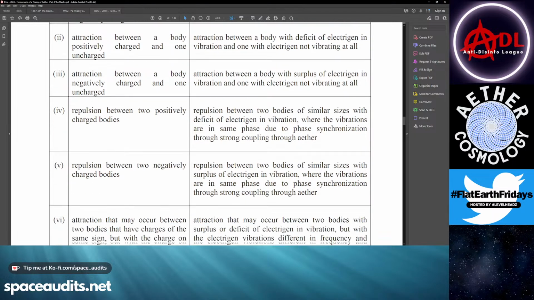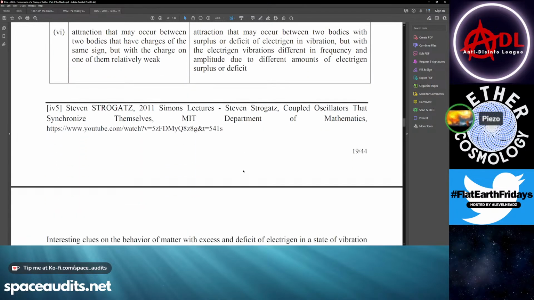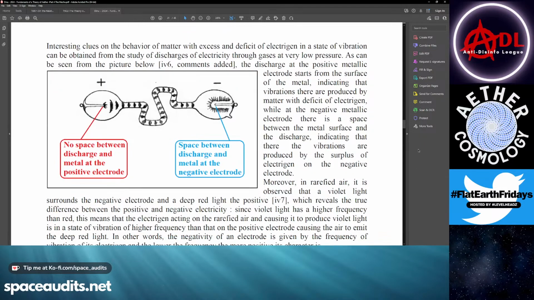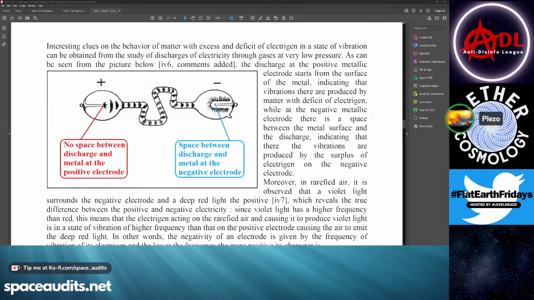Can you scroll down? Yeah. What is this? Interesting clues on the behavior of matter with excess and deficit of electrogen in a state of vibration can be obtained from the study of discharges of electricity through gases at very low pressure.